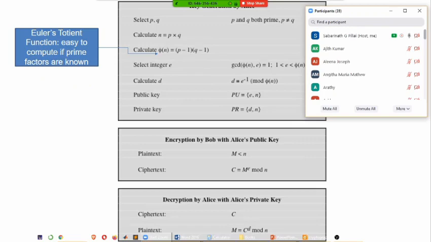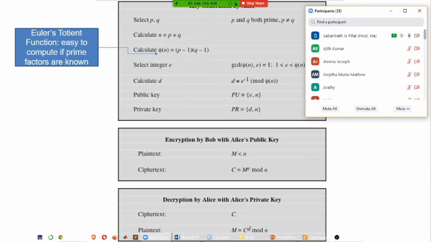So Euler totient function phi of 7 will be equal to 6. Phi of 11 will be equal to 10. Phi of 13 will be 12. These are standard. For prime numbers, it is p minus 1. But for any other number, computation of totient function is a slightly tedious and difficult process.